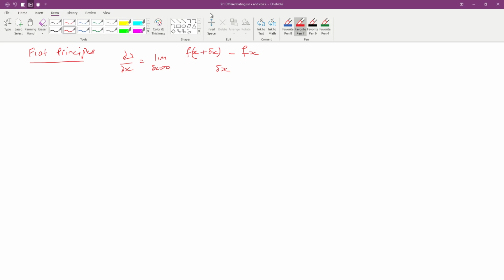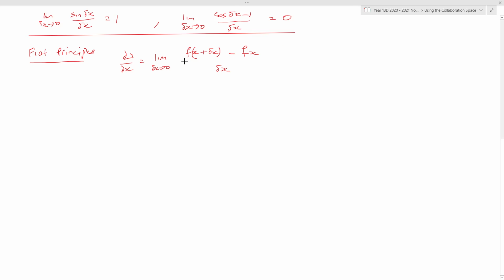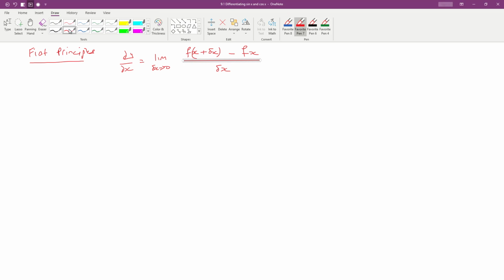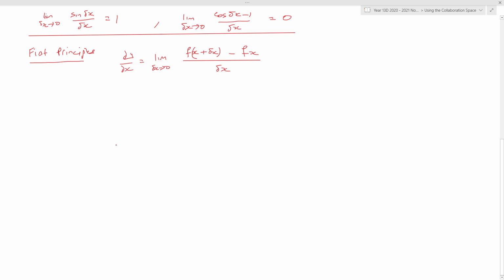I think I'm going to try and use a proper line, makes it easier. Okay, so we're going to use that to differentiate sine of x.